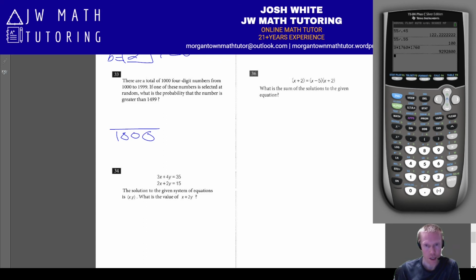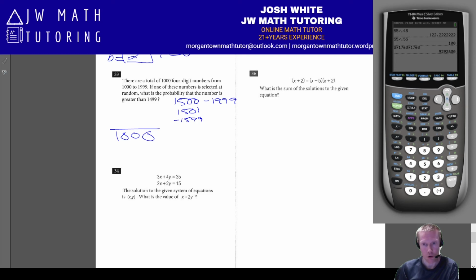But for the numerator, basically I would think about it this way. So what's the probability it's greater than 1499? So that means basically 1500 to 1999. So 1500 and then 1501 to 1599. Okay?